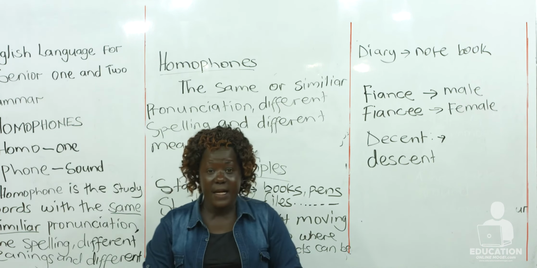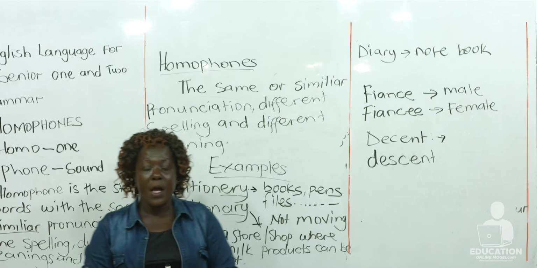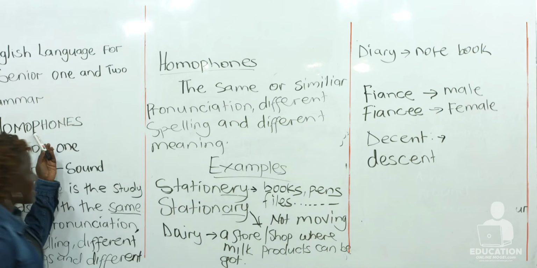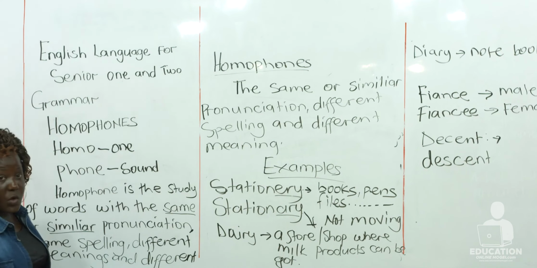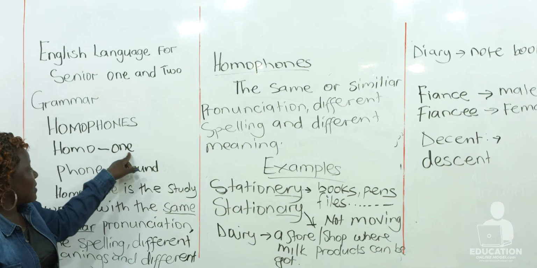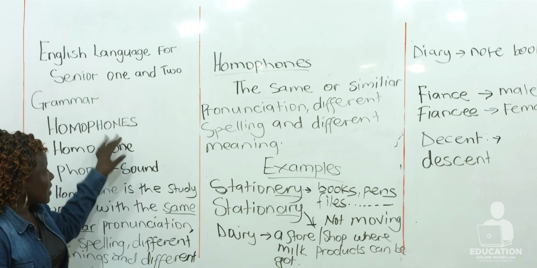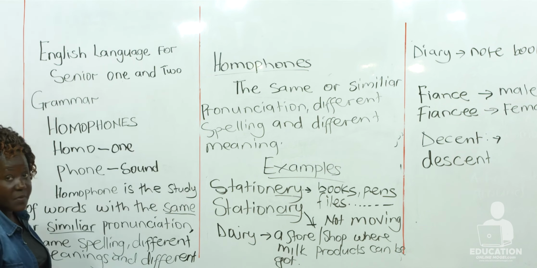For today, my dear learners, let us stop here. But before I go, I want to remind you that under homophones, which is our major topic, we have two things to know. The homo, which is one, then the phone, which is the sound. And still under homophones, we have another type, which is called homonyms.